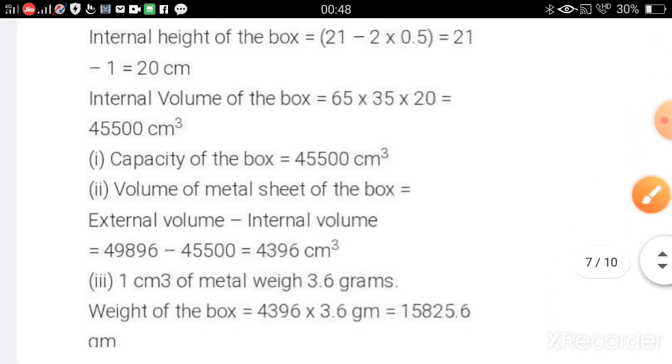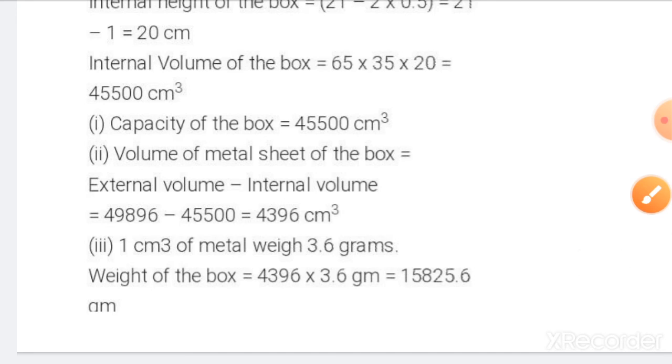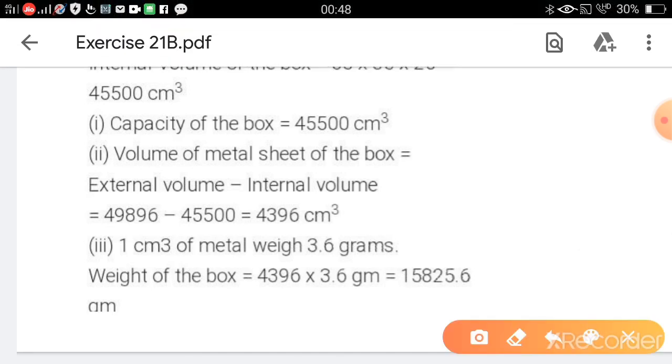Then we also have to find the weight. 1 centimeter cube of metal weighs 3.6 grams. So the weight of the box will be 4,396 multiplied by 3.6 gram.